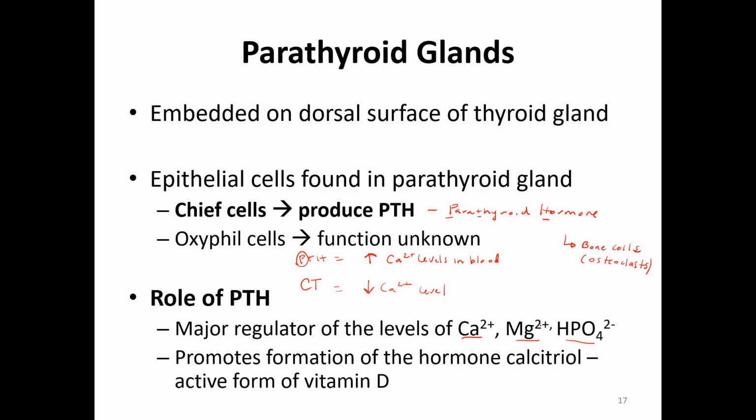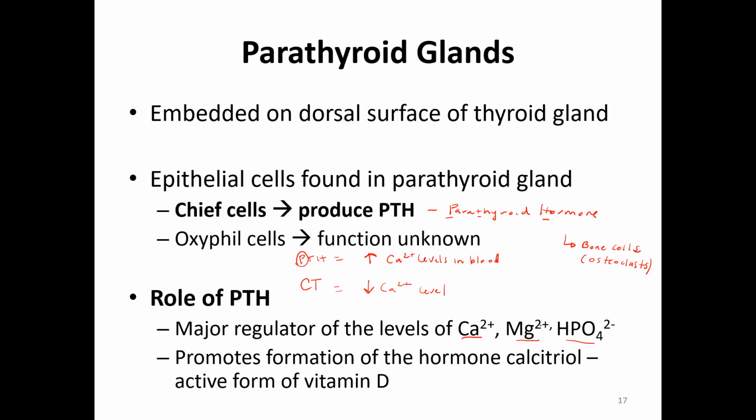One other thing that I skipped over, and I should probably go back and mention, is that with parathyroid hormone, we see it's a major regulator of calcium, magnesium, and phosphate in the blood. We also see that it's going to promote the formation of the hormone calcitriol, which is the active form of vitamin D. And this is going to be important because it enables us to absorb calcium from our digestive tract.